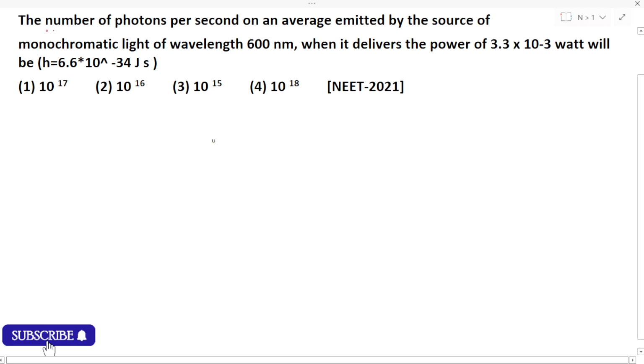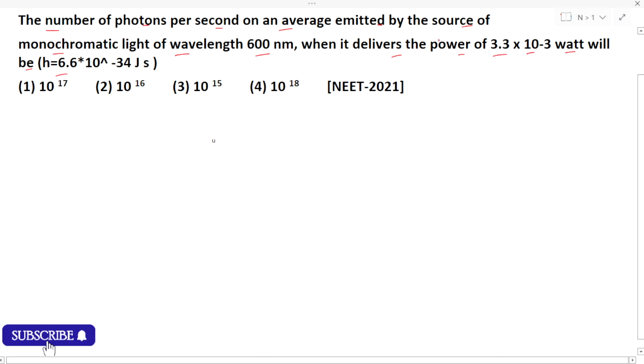What did he give? The number of photons per second on an average emitted by a source of monochromatic light of wavelength 600 nanometers when it delivers a power of 3.3 into 10 power minus 3 watt will be. He gave the value of h.